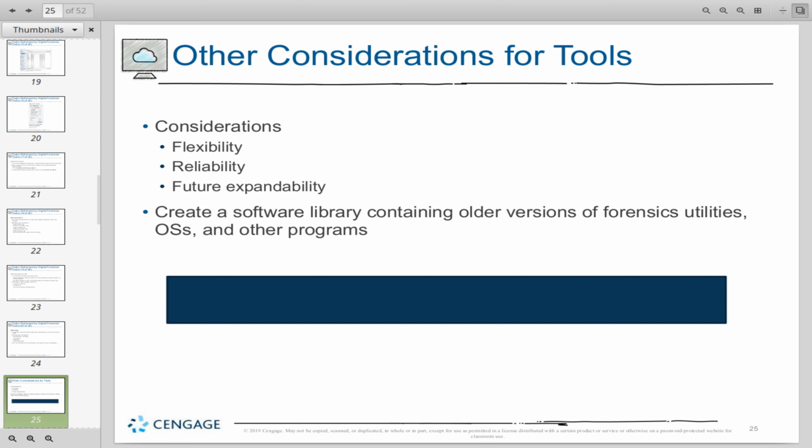All right, considerations: flexibility, reliability, and future expandability. Create a software library containing older versions of forensics utilities, OSs, and other programs. And the reason you want to create that software library is because many times the new utilities do not work the same way the old ones did, and they lose features over time.